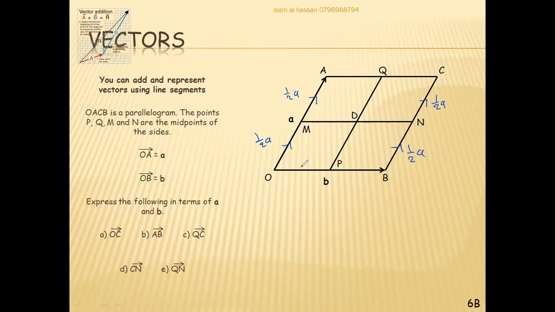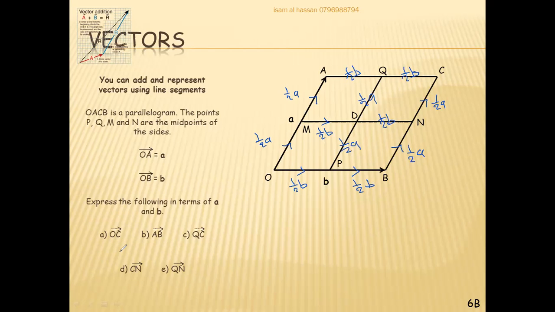And because this is b, this is half b, and this is half b, and of course this is half b and half b, and also half b and half b, and also this is half a because they are all parallel. Half a.